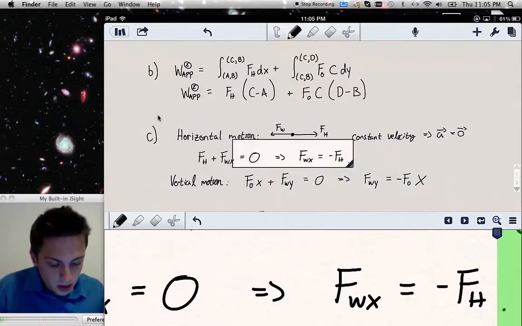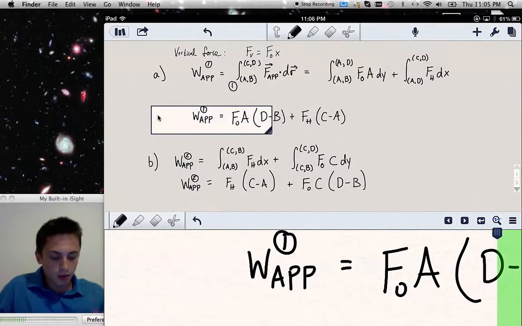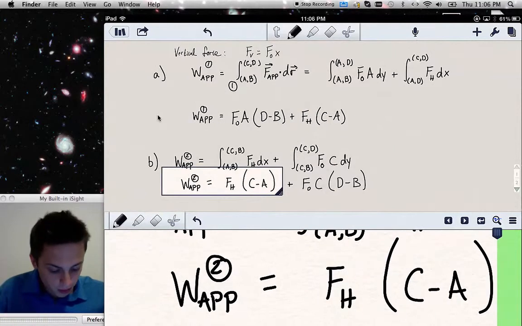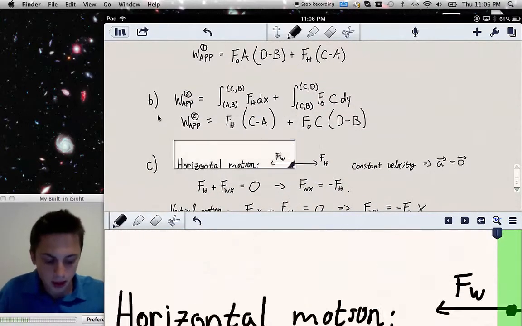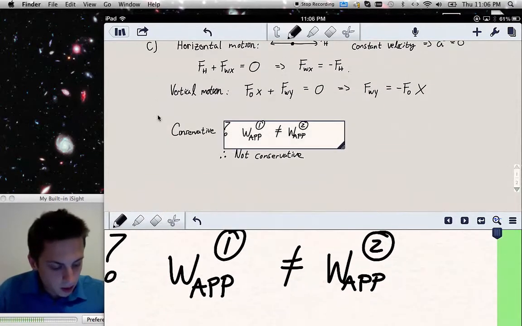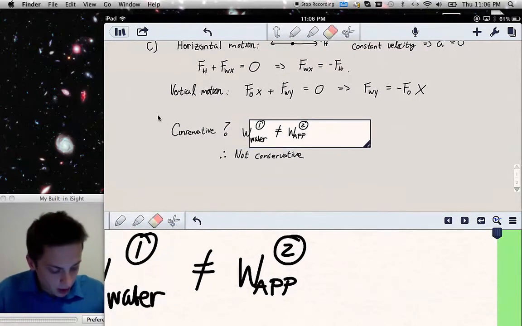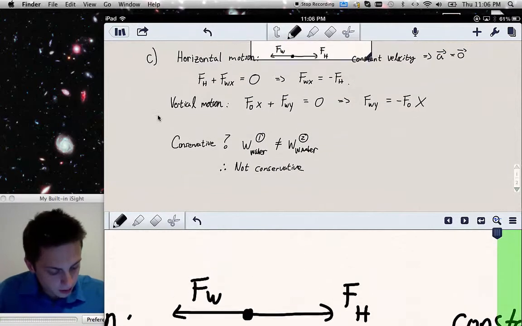So the work done along path 1 by the water, instead of the applied force, will just have a minus sign in front of all this, and the work done by the water along path 2 will have a minus sign in front as well. So we can compare them, and they must be the same if it's a conservative force. Is it the same?